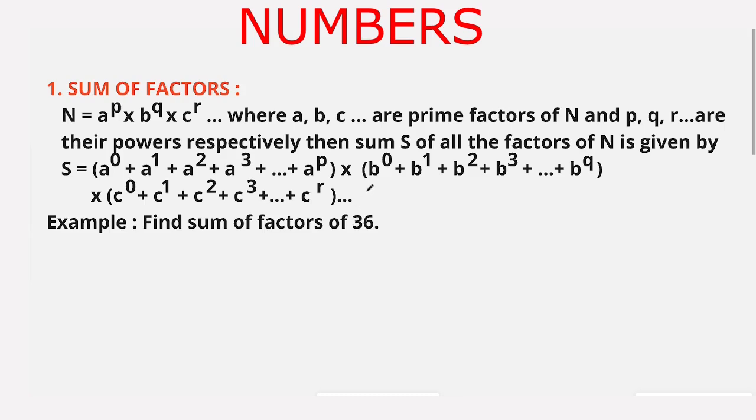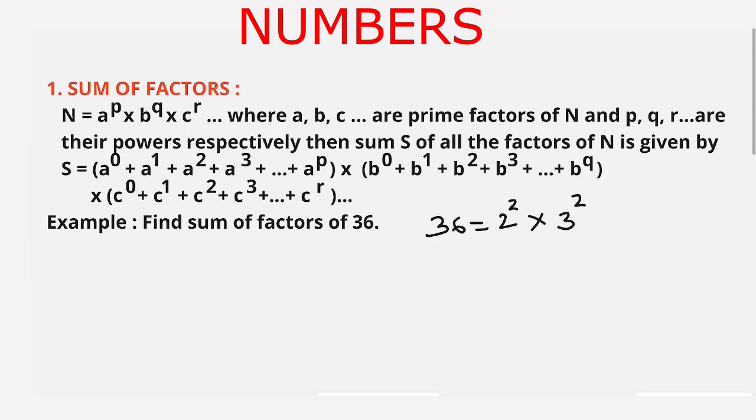And we will learn it by one example. The example is: find the sum of factors of 36. We first will find the prime factors of 36, and 36 can be written as 2 to the power 2 multiplied by 3 to the power 2. 2 to the power 2 is 4 and 3 to the power 2 is 9, and 9 times 4 is 36.